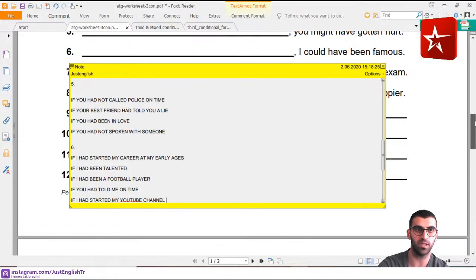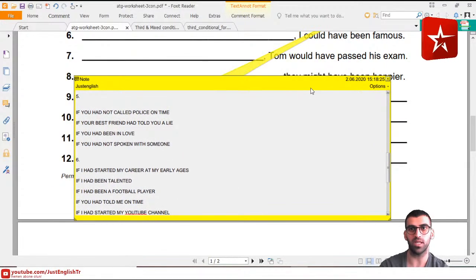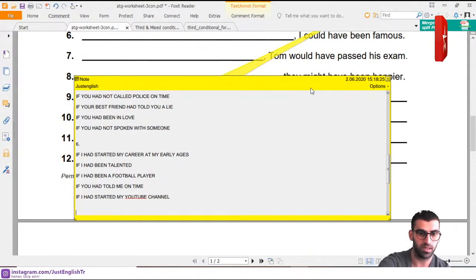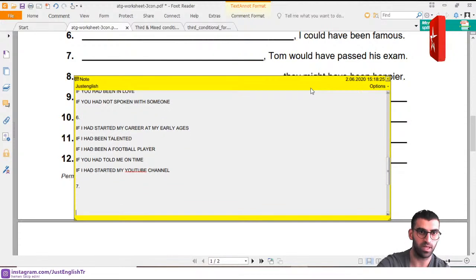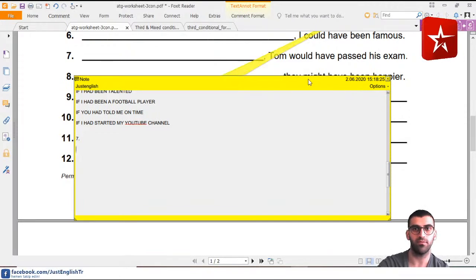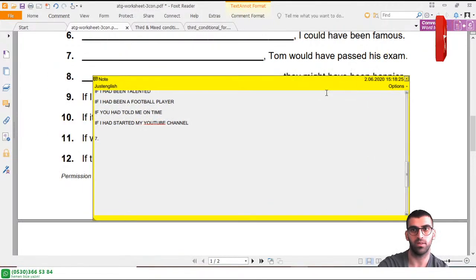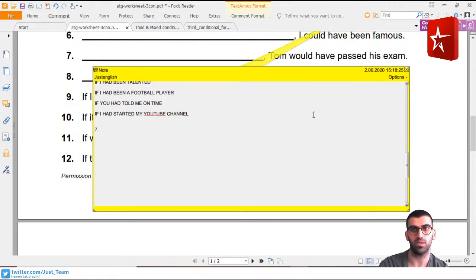Let's continue with the next sentence, number 7. Number 7, Tom would have passed his exams.